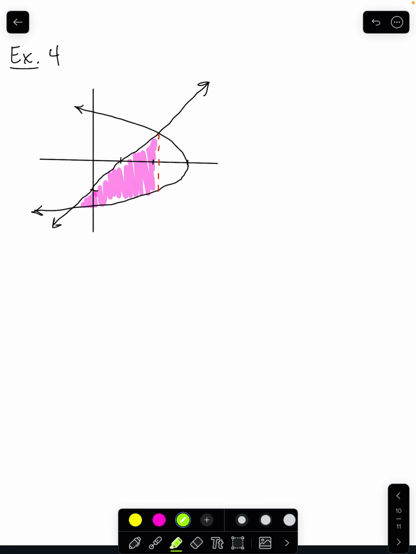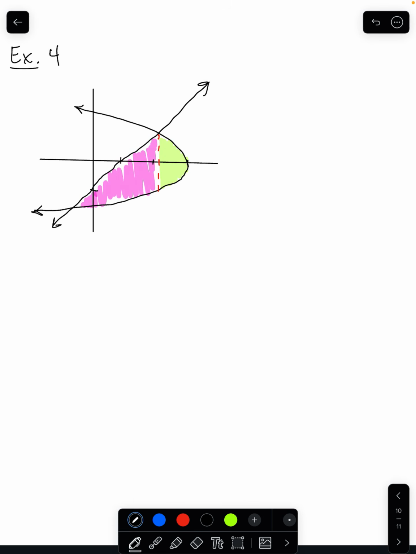But on the right side of this, the parabola is bordering both the top and the bottom. So we're looking at a situation where we would have to treat this as two separate regions. Not only that, a sideways parabola is not a function of x.